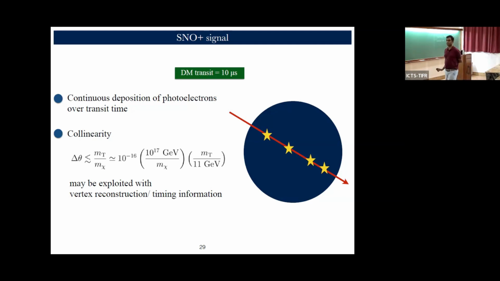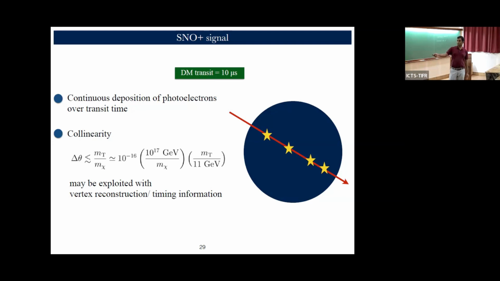Okay, that's mainly it. One other thing is that because you're dealing with dark matter that is so heavy, upwards of 10^17 GeV if you want to beat the DAMA limit, and because the target carbon is around 11 or 12 GeV, the path of the dark matter passing through is very, very close to collinear.